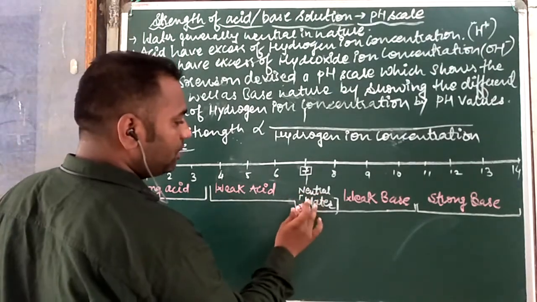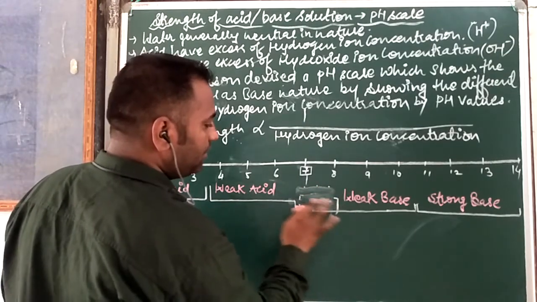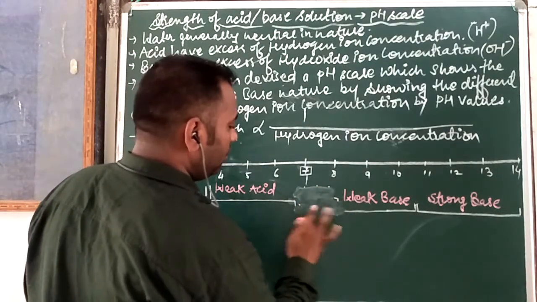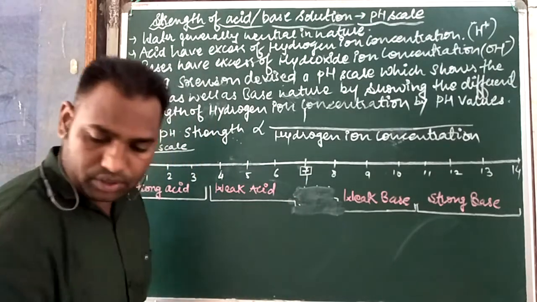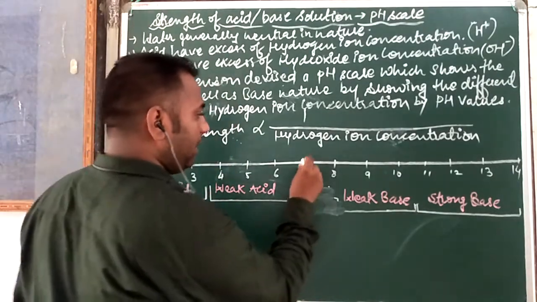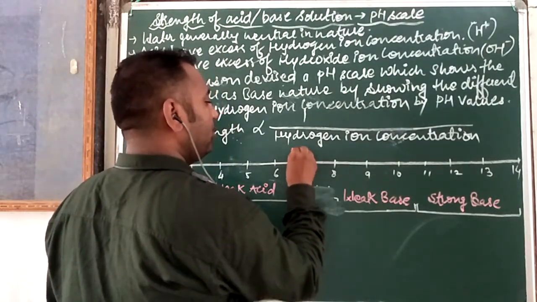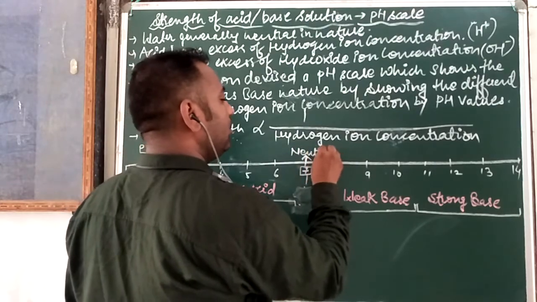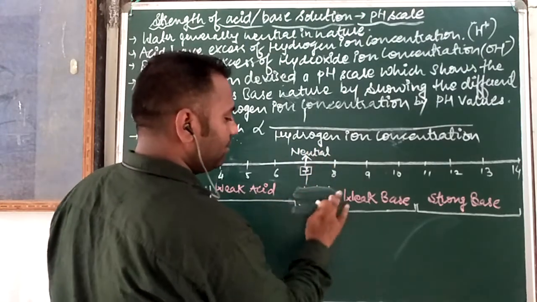This is the neutral. Can I rub this from here, so it will show clearly for you? This is the neutral value for us.